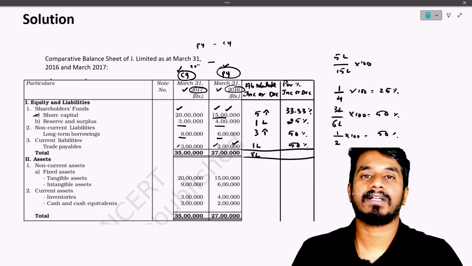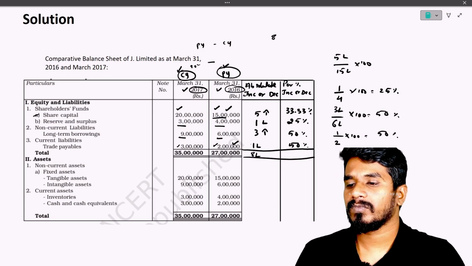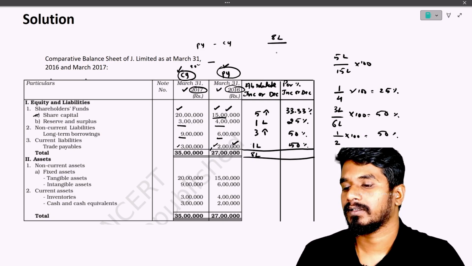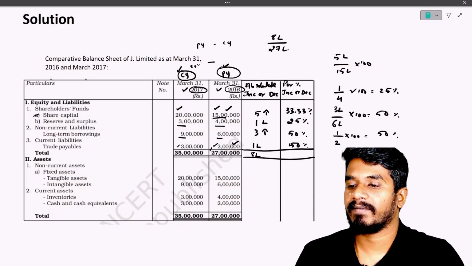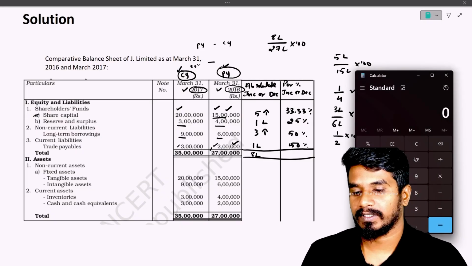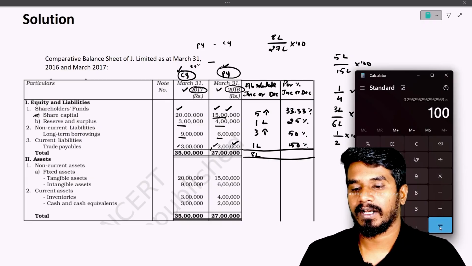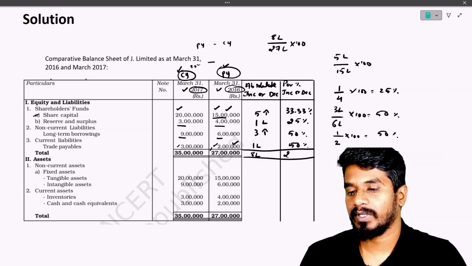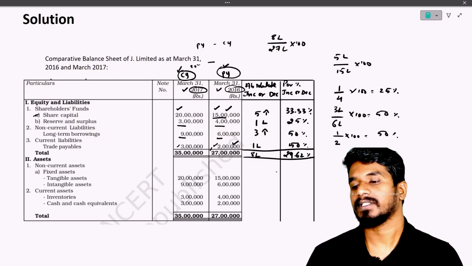So we need to find out the percentage also. 8 lakh is the change, and we'll compare with base year, that is 27 lakh into 100. Now I need calculator. Obviously 8 divided by 27 lakh into 100. If you do, 29.62 percentage is the change in percentage.